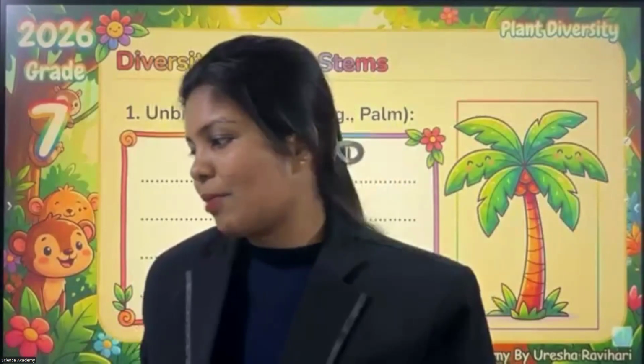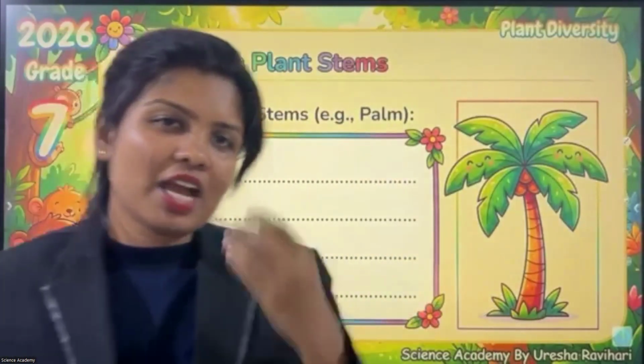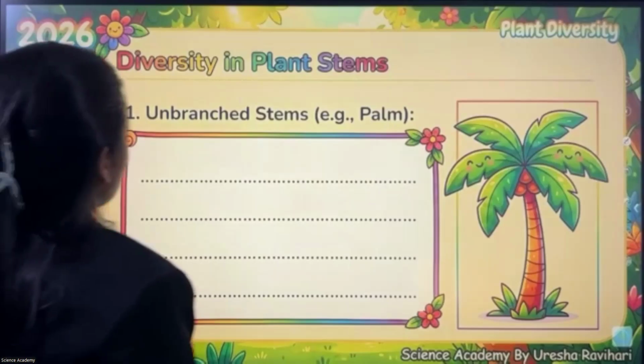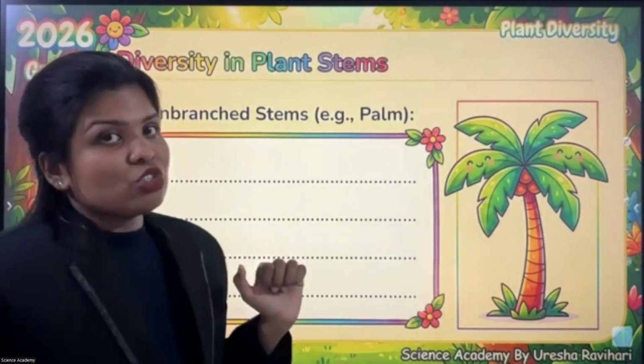Mango, jack, teak, right? So that is woody and non-woody. For your grade, we discuss two main types of stems, branched stems and unbranched stems. Woody and non-woody we are not discussing much.